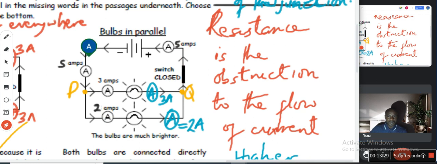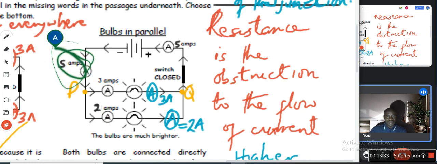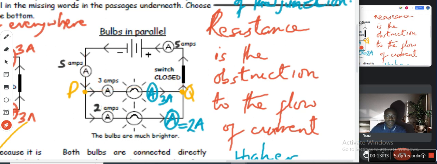So you do add this one. I thought you added this one the whole time. No, this one hasn't split. It's still flowing in. It's when it splits that you now begin to separate. 5 enters, 5 is entering in. 3 came out of it, went through here. The remaining 2 came out of it, went through here.